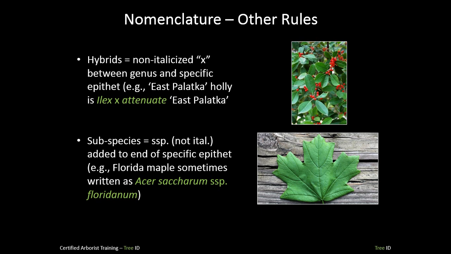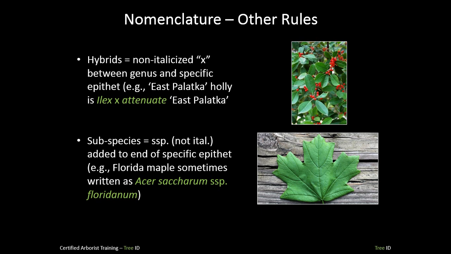Beyond those general rules for normal species, wild-type species that are just commonly reproducing in the wild, we have things that are kind of unique to arboriculture and horticulture, where humans are getting involved. So hybrids are a cross, like imagine an X between two species to produce some sort of species that's between the two of them, or even has some sort of hybrid vigor.